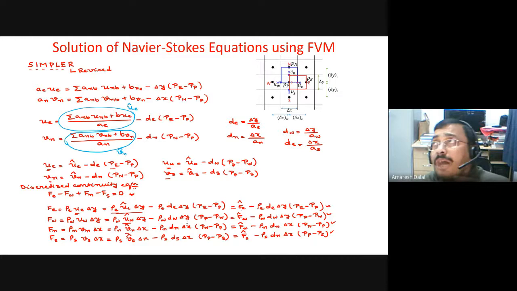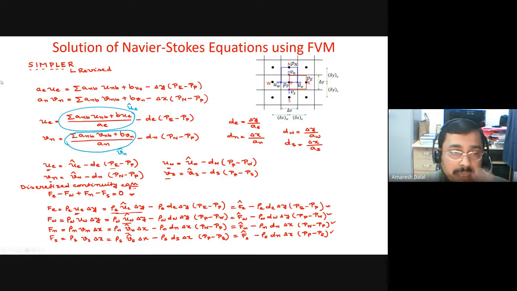Now there are families of these simple algorithms. One is SIMPLER, simple revised. Here what we did was, whatever pressure we guessed, based on that we got the provisional velocity. So instead of that, it is proposed that you find some good pressure field. If you get a good pressure field, obviously it will converge fast.